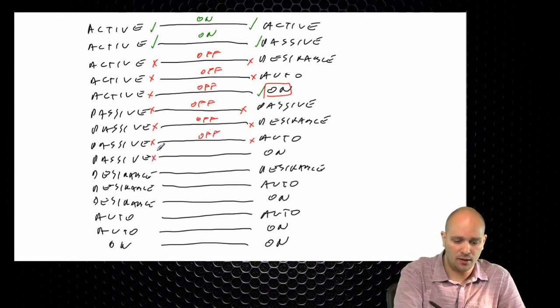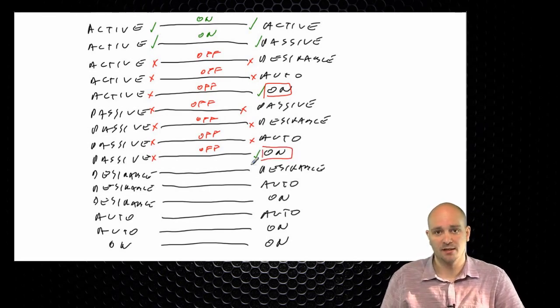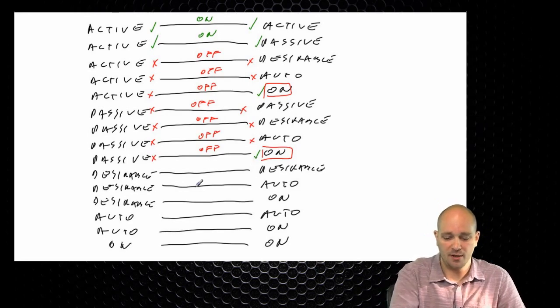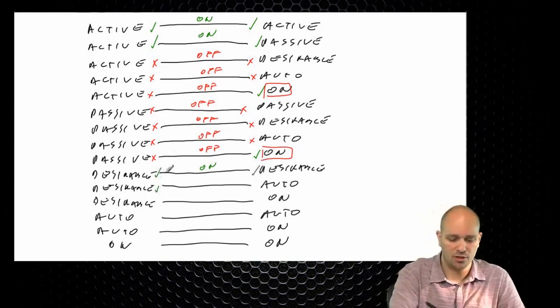Passive and on, again, this is a mismatch in configuration, but this is a dangerous situation because this side here will think that we are an EtherChannel. If we have desirable and desirable, this is a valid configuration, and we are going to have operational EtherChannels, so are desirable and auto.